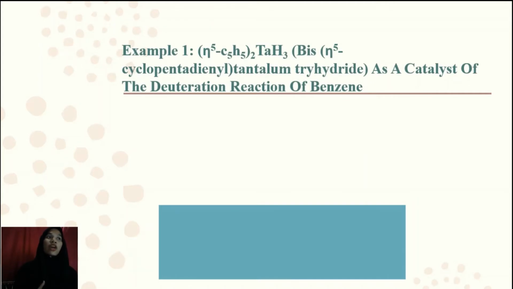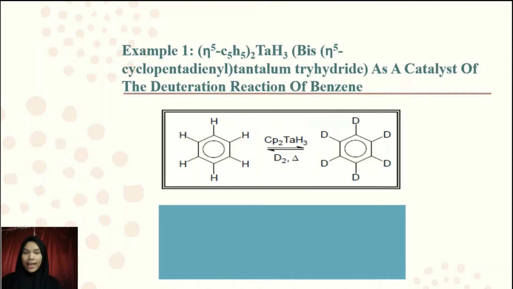For example number 1, I am going to discuss bis(cyclopentadienyl) tantalum trihydride as a catalyst of the deuteration reaction of benzene. In the figure, you can see the rough steps from benzene, using this catalyst, to convert into deuterated benzene.